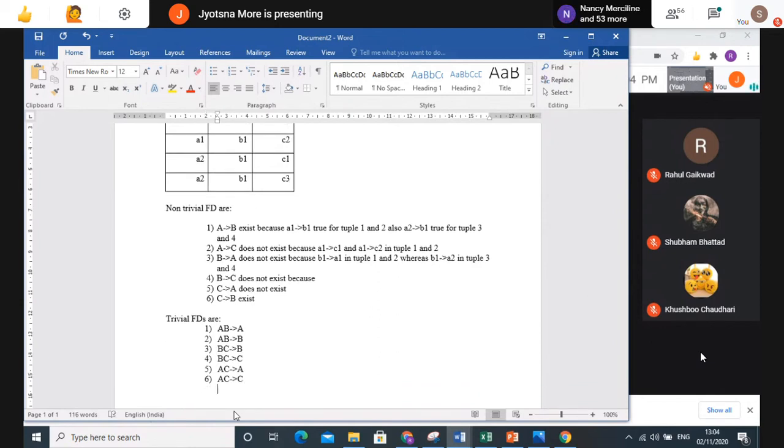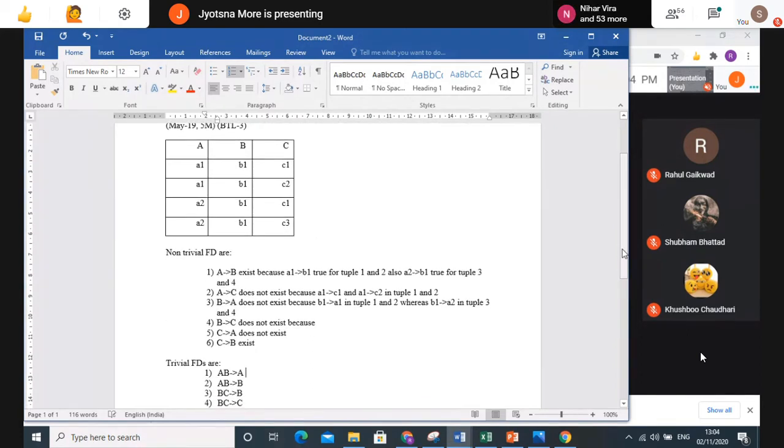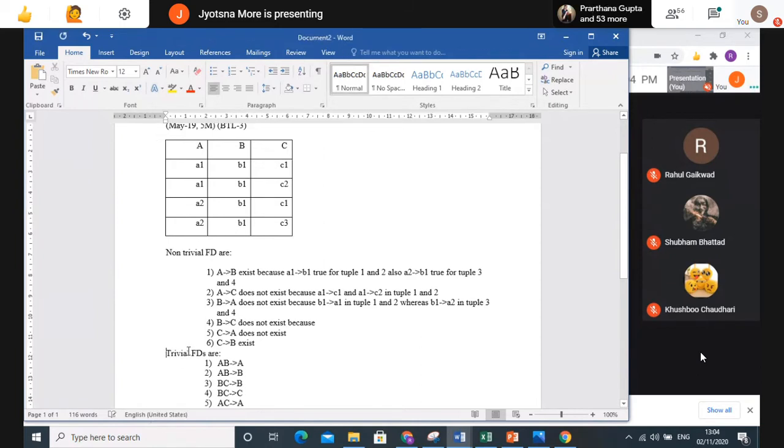Now for all these we have to check whether each exists or does not exist. For that I require this table. I'll remove these spaces because I require the table.